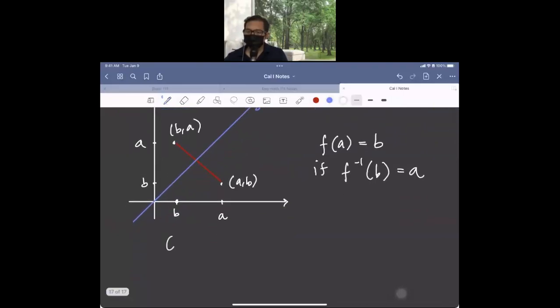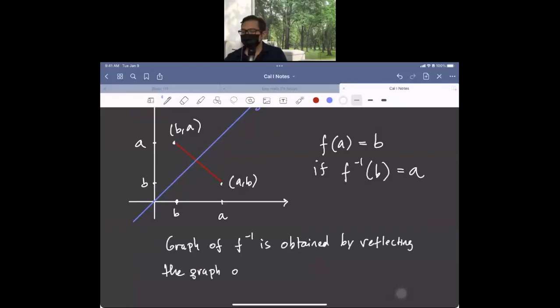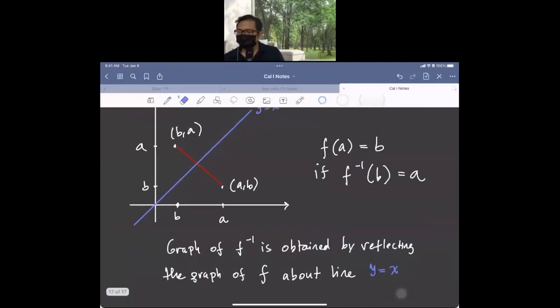So you can say that the graph of f inverse is obtained by reflecting the graph of the function f about the line y equals x. Maybe I will write this f inverse in blue to make it clear.